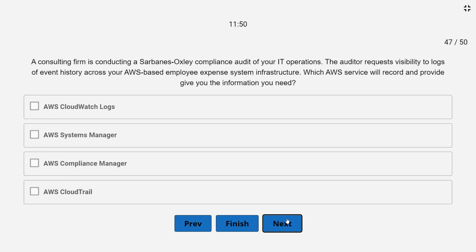A consulting firm is conducting a Sarbanes-Oxley compliance audit of your IT operations. The audit requests visibility of logs of events history across your AWS-based employee expense service infrastructure.